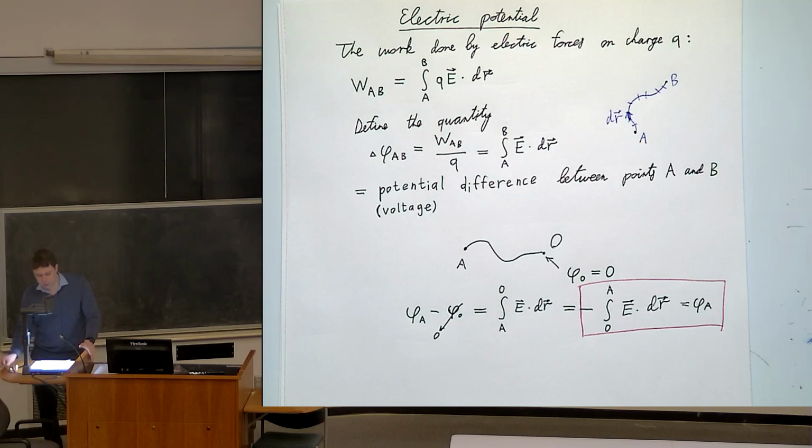So it's convenient to choose the potential of the ground to be 0. Another common choice is to consider some point infinitely far away and say that the potential of the point far, far away is 0. Those are some common choices.